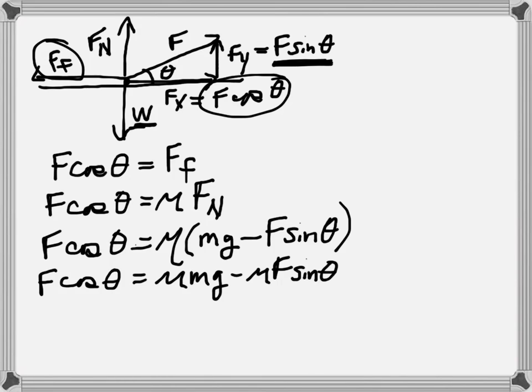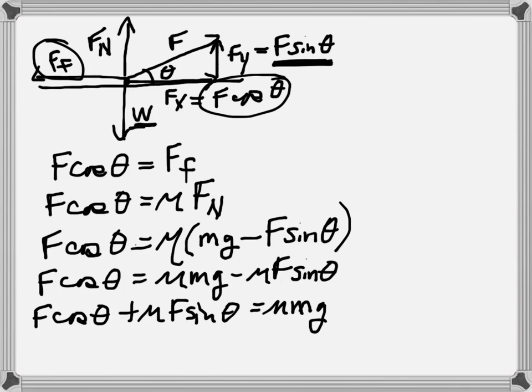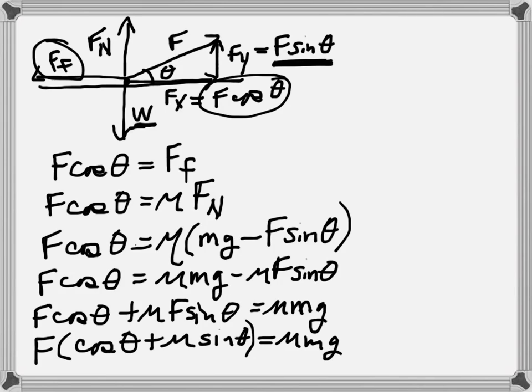And then I want to get all the F's on the same side. So I'll take F cosine theta plus mu F sine theta equals mu mg. And then I could factor out the F: F times cosine theta plus mu sine of theta equals mu mg.